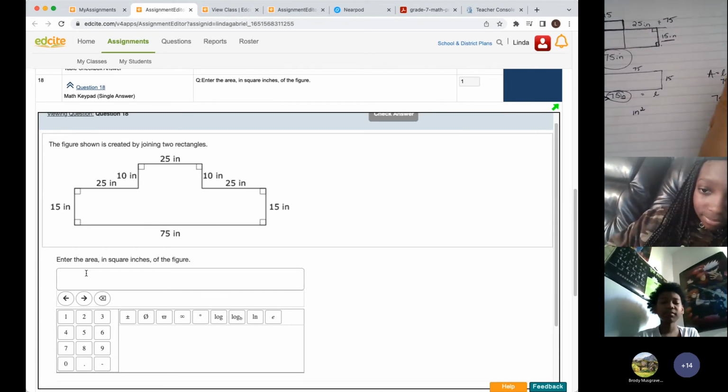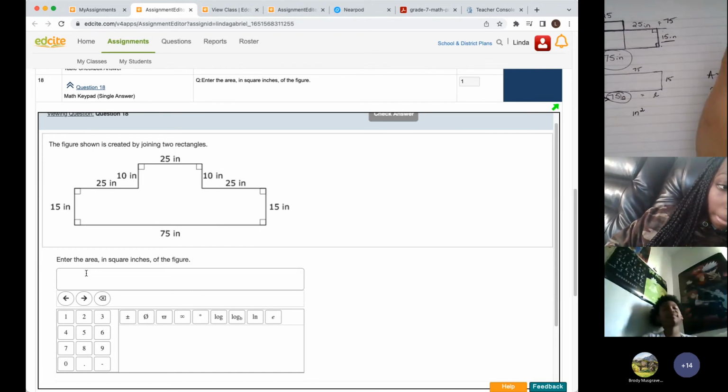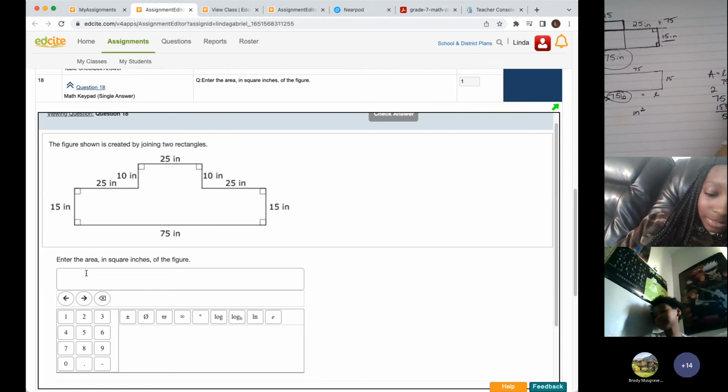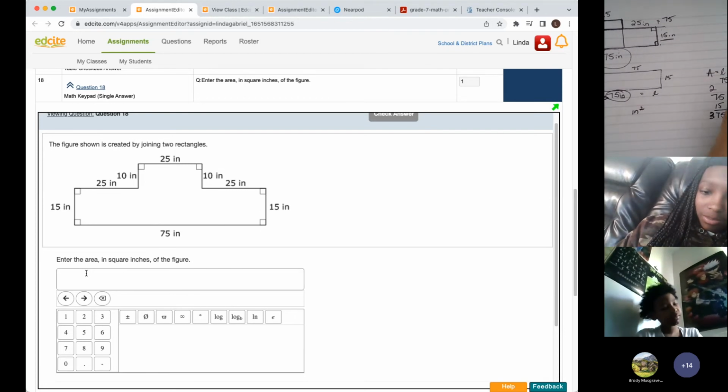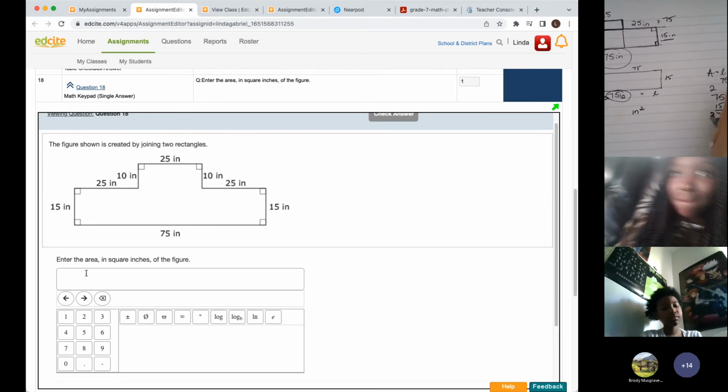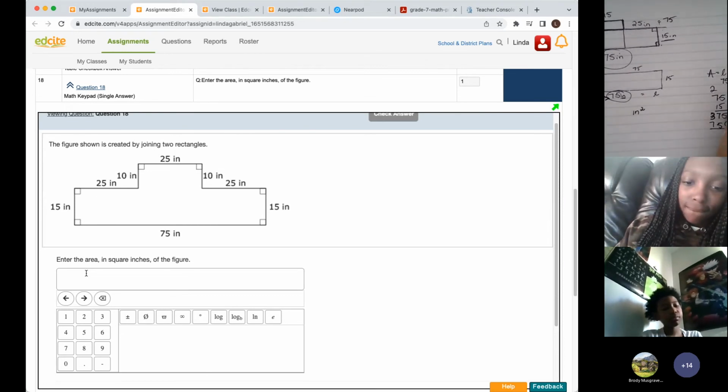So 75 times 15. 5 times 5 is 25, carry the 2. 7 times 5 is 35 plus 2 is 37. Then 0, 1 times 5 is 5, and 1 times 7 is 7. 5 plus 0 is 5, 7 plus 5 is 12.